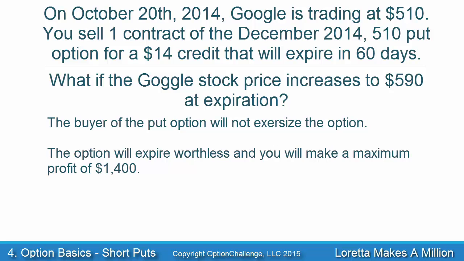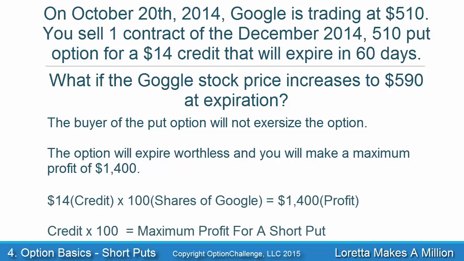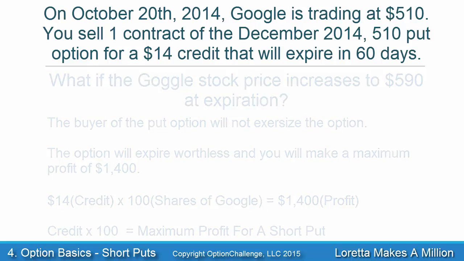The option will expire worthless and you will make a maximum profit of $1,400. Here is how the profit is derived. $14, the credit received to sell the put, times 100 shares of Google equals $1,400 in profit. The maximum profit for a short put is the credit times 100 units of the underlying.